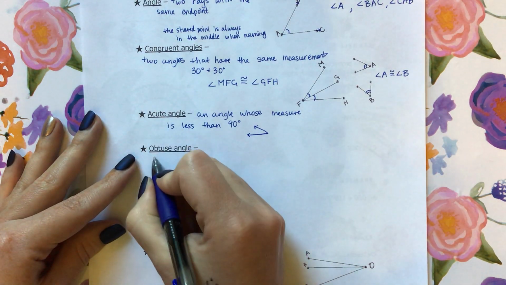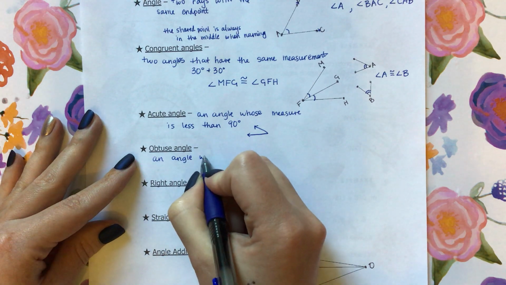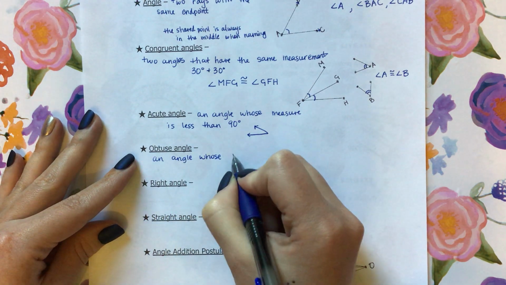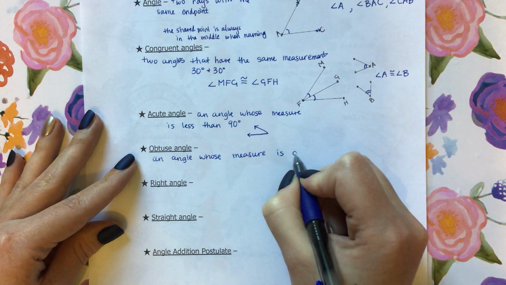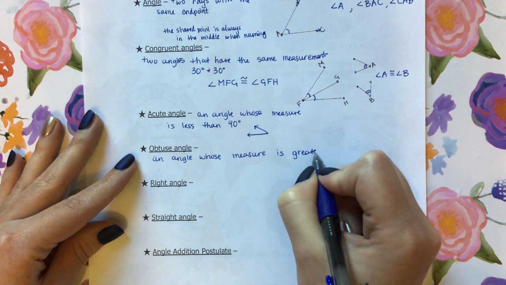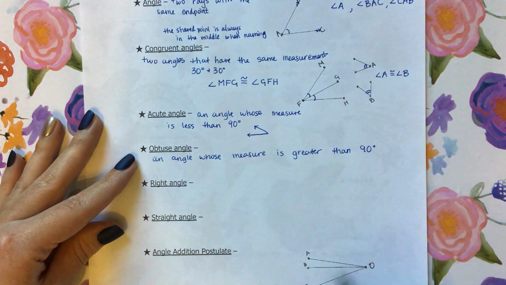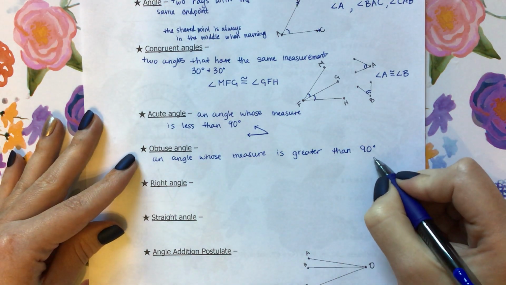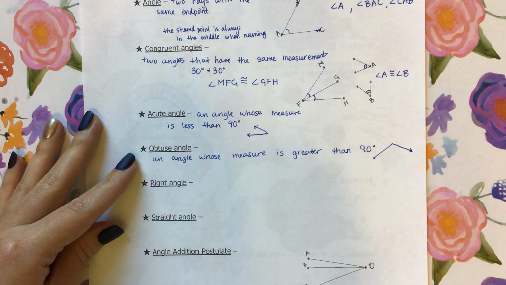An obtuse angle is an angle whose measure is greater than 90 degrees. And an image of that for you could be this.